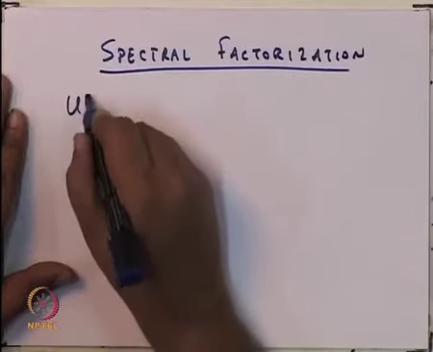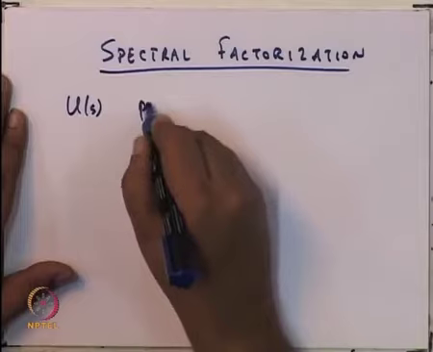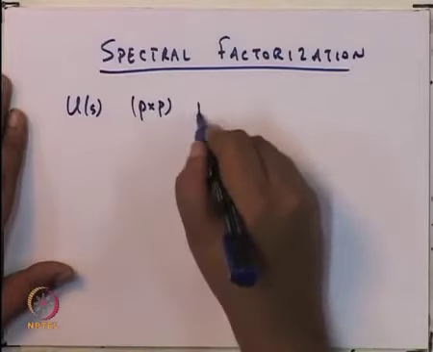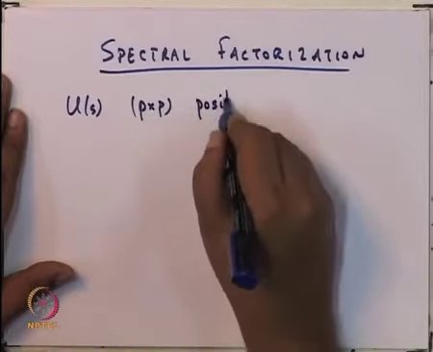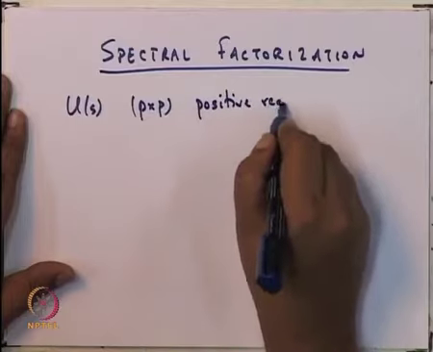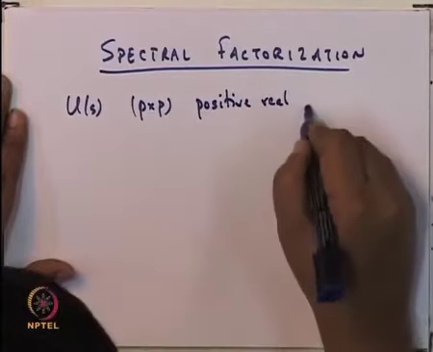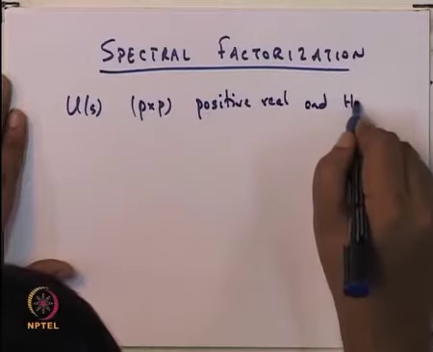So, suppose you have a U(s) which is a P cross P positive real and Hurwitz matrix.